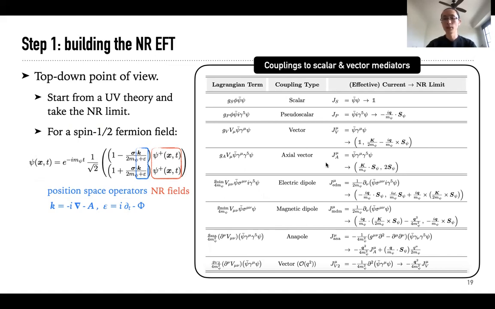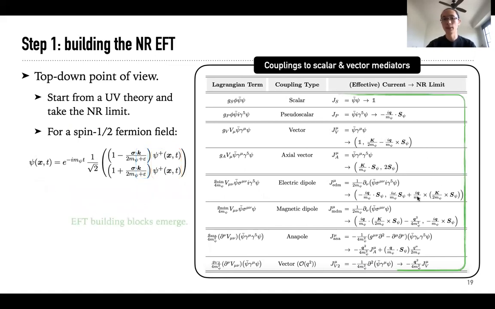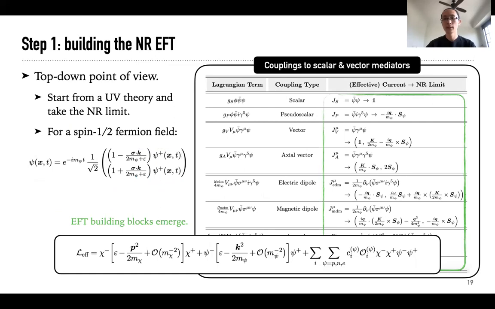For each of these, we can take the non-relativistic limit of the effective current, and we see that the building blocks of the EFT operators will naturally emerge from this exercise. So in the end, the part of the EFT that we're interested in will be the 4-point operators coupling a pair of dark matter particles to a pair of standard model fermions. And for each model, we can derive the coefficient Ci in front of the operators that you saw on the previous slide.